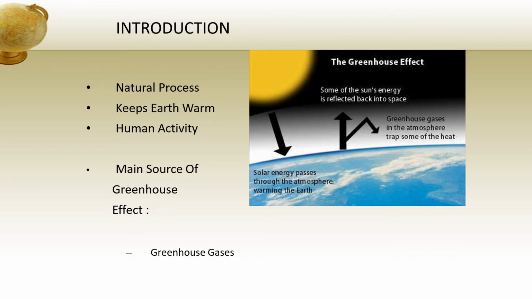You can see the diagram here. When the solar energy passes through the atmosphere, warming the earth, some of the sun's energy is reflected back into space, and some of that is absorbed by greenhouse gases in the atmosphere. They trap some of the heat. So this is the effect which is shown in this diagram.